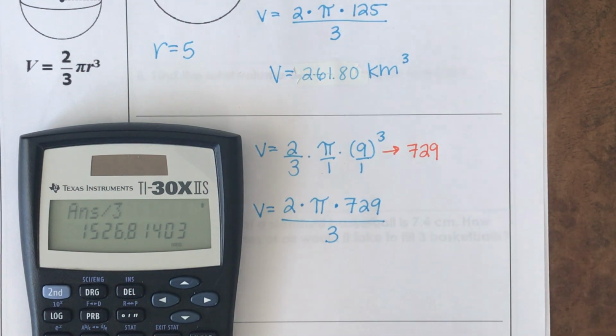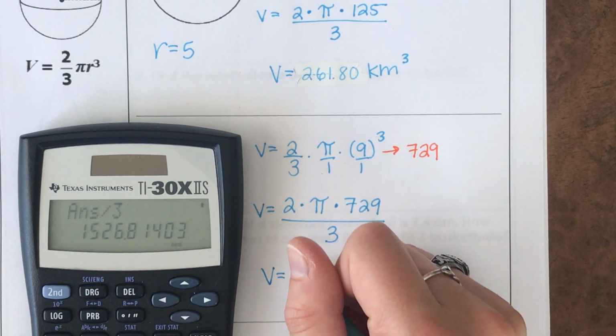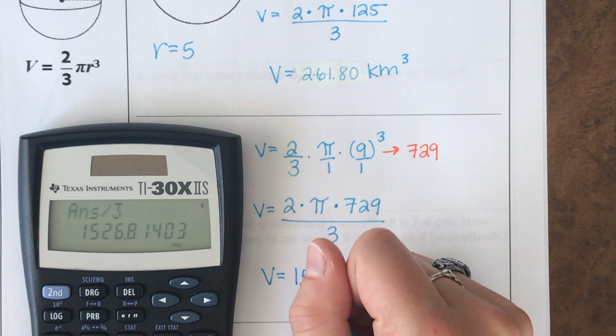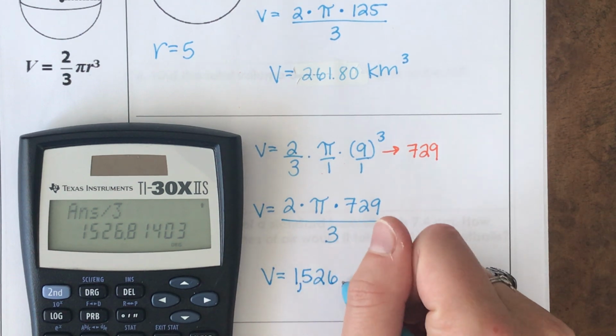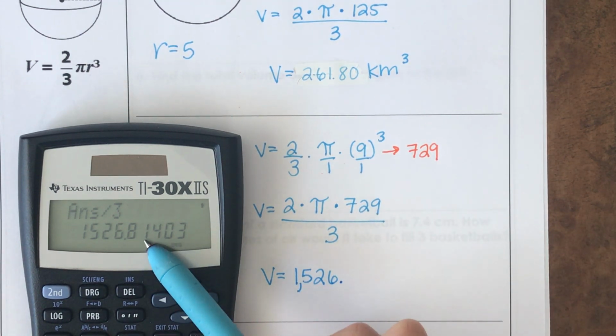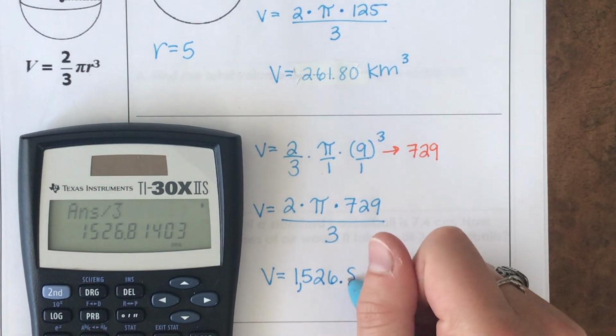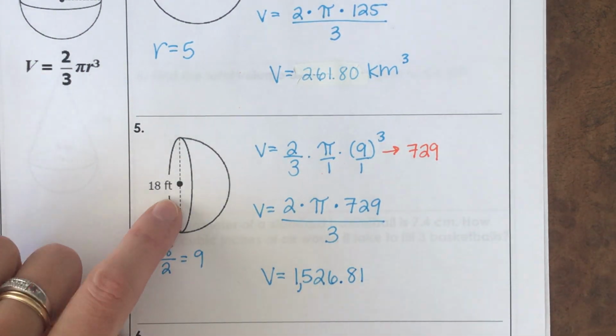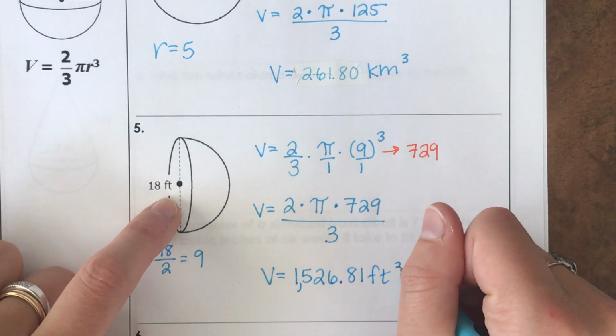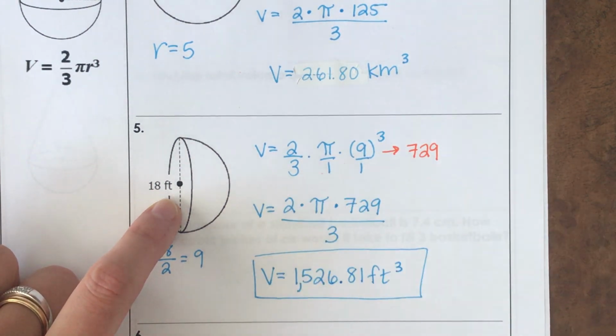That looks about right. My volume is 1,526 point, I've got 81, the number after is a 4, so it stays 81. And then feet cubed for volume.